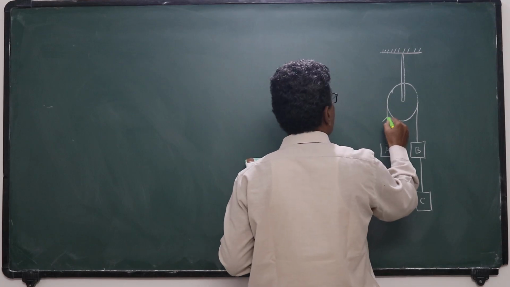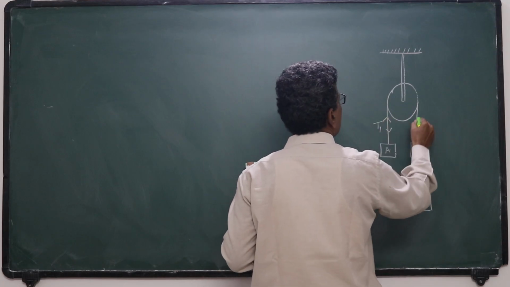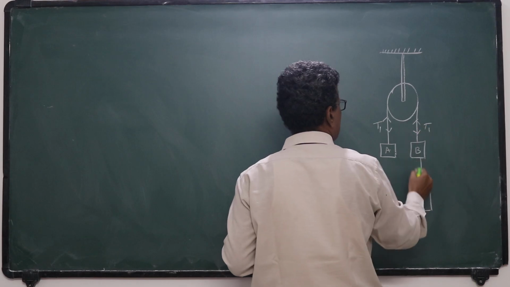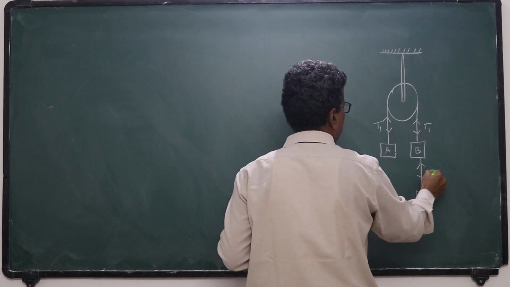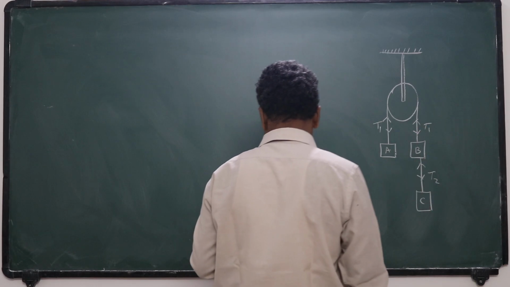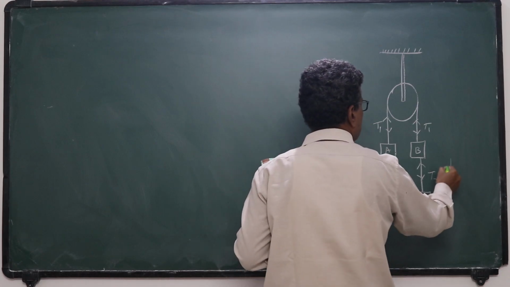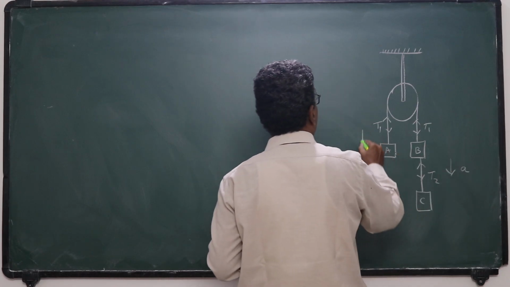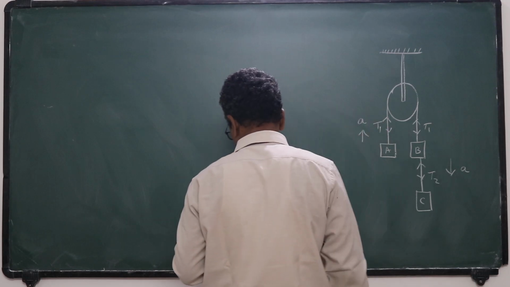The tension in this string is T1, here it is T1, and here the connected string has T2. Overall, it is moving down with an acceleration a, and it is rising up with an acceleration a.